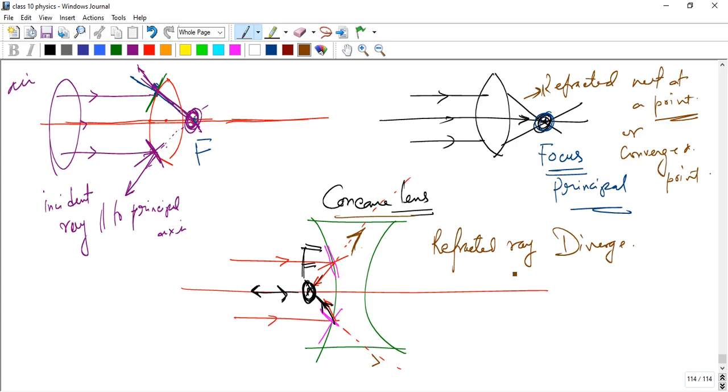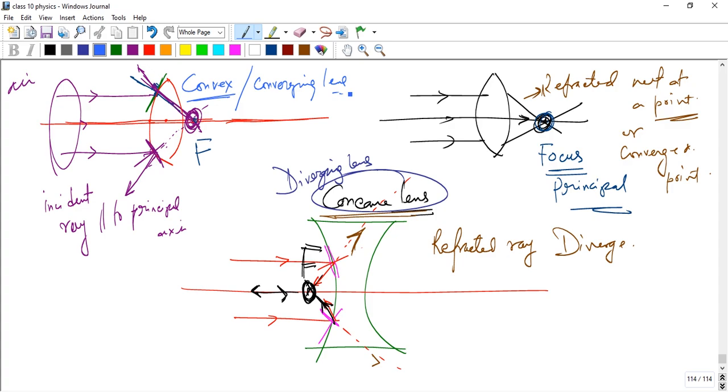That's why the concave lens is called diverging lens, and the convex is called converging lens. Okay, that's why these are called concave lens and converging lens. I say convex lens and converging lens. Diverging lens are concave lens. Okay, and this line is called a principal axis.